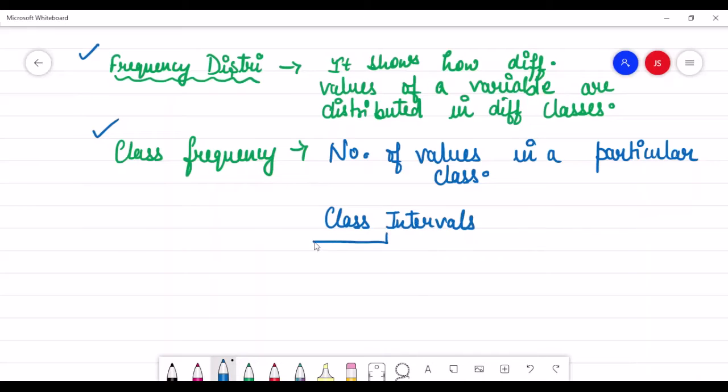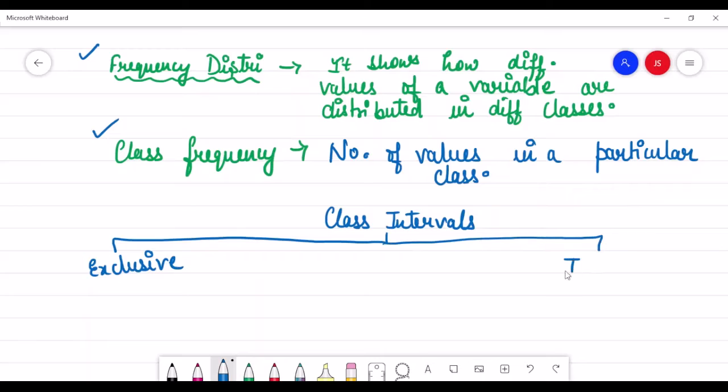First one is exclusive and second one is inclusive. Okay. Now what are exclusive and inclusive class intervals?